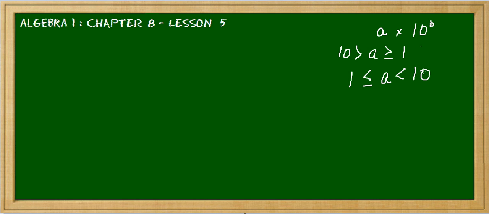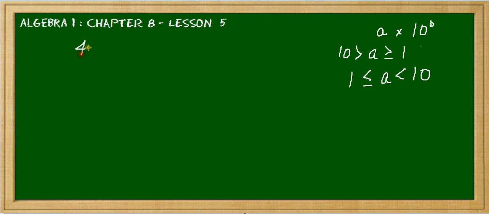So let's take a look, and it says, to see how a small number can be written in scientific notation, consider the numbers 4,000 and 0.004. So we have 4,000, which is equal to 4 times 1,000, which is equal to 4 times 10 to the third power. Let's put it on the board.